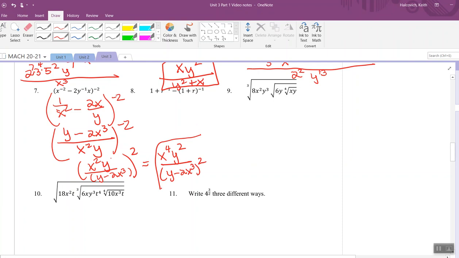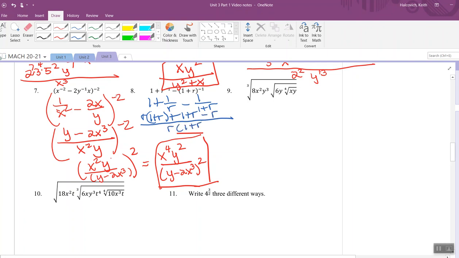All right, number 8. Number 8 here, do it in a different color. So we have 1 plus 1 over r minus 1 over 1 plus r. So you get a common denominator. So it's 1 plus r times r over, and here you just need 1 plus r minus r, and it's over r times 1 plus r.